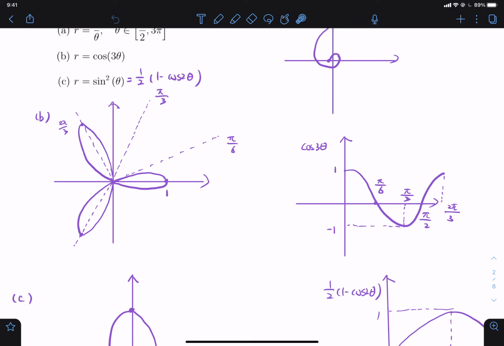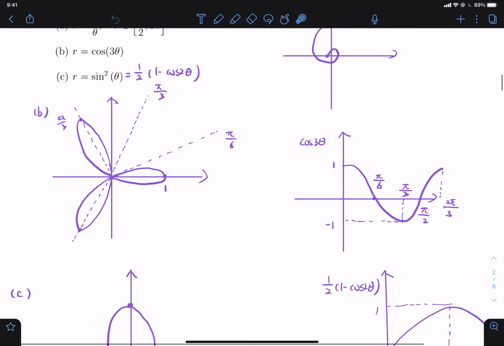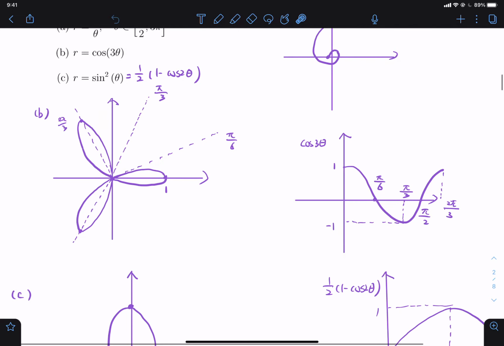So you can see that when theta is equal to 0, you have distance equal to 1. That is the greatest distance. And after, the distance is gonna decrease, right? And it decreases to 0 at theta equal to pi over 6. And it continues to decrease to negative distance.